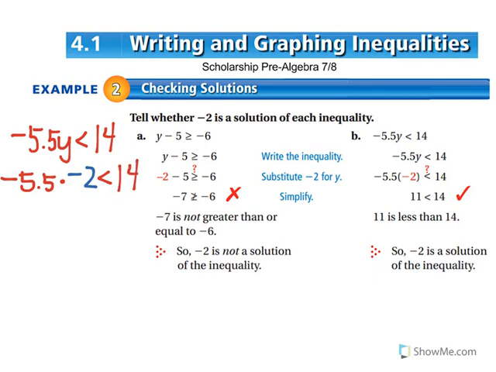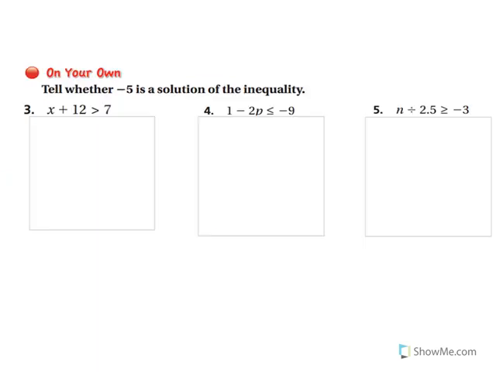And so -5.5 times -2, that gets us positive 11. Is 11 less than 14? Yes, it is. So our answer is yes. So let's go ahead and take a look at some examples.